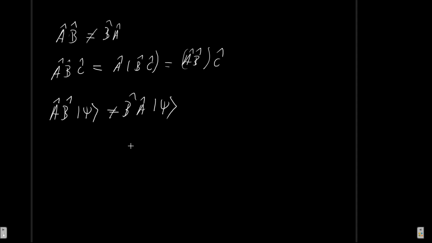That's very, very important. And another thing, if we have this same situation, A acting on B acting on some vector psi, what you can do is take first B, and this is actually the way that we do it, usually just B acting on psi.